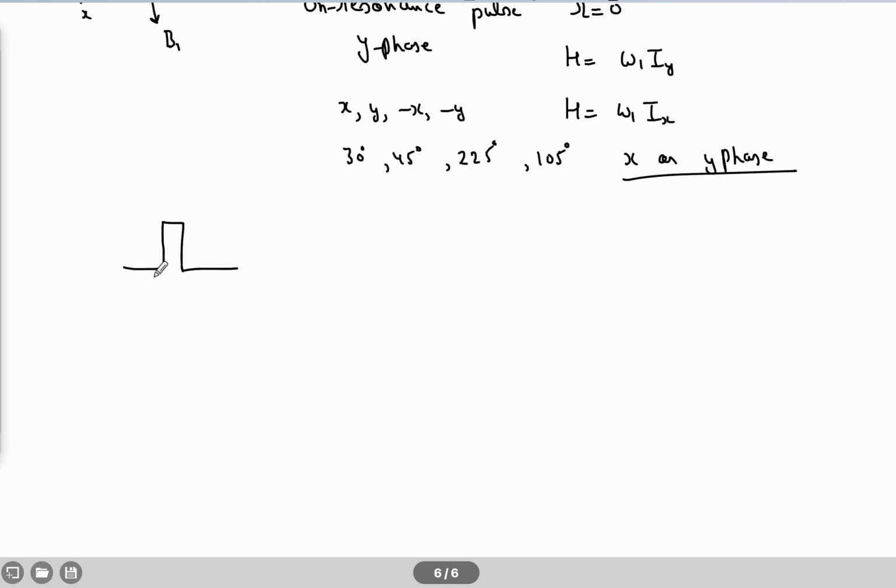Now here there is some density matrix, let's call it sigma 0, and this is an RF pulse during which the Hamiltonian is, let's say, HRF, right? And after the RF pulse has been applied, the density matrix evolves to sigma 1.